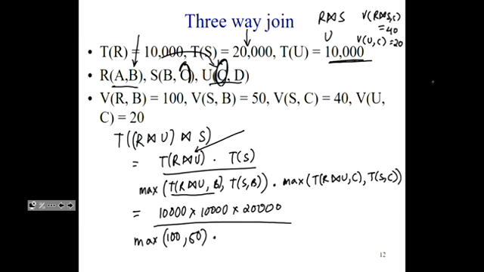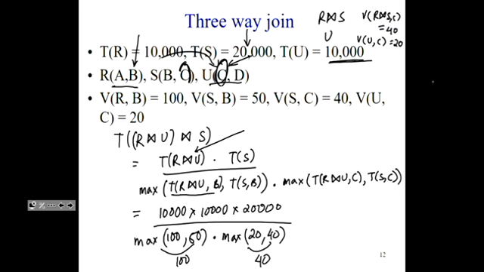Then the number of distinct values of C in R joined with U is drawn from the number of distinct values of C in U. So that's max of 20, 40. Right? So once again, you have this evaluating to 100 and this evaluating to 40, which was the same expression as we had the last time around.